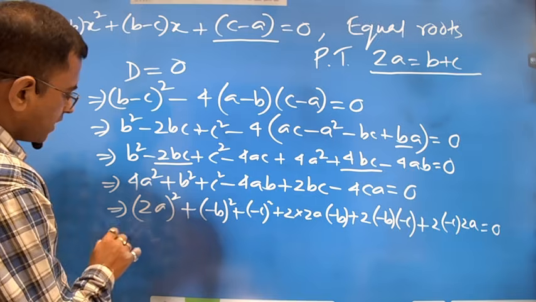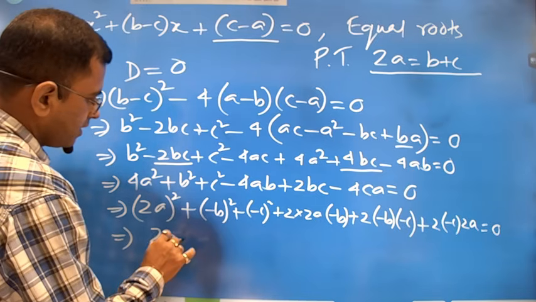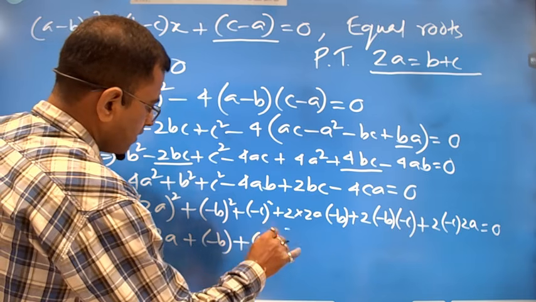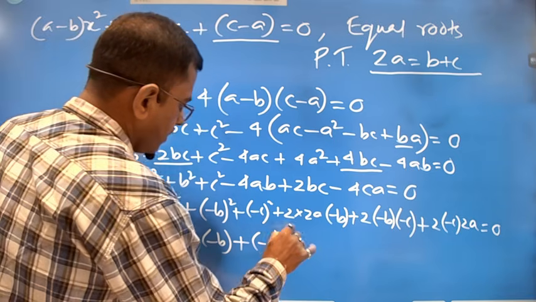So this gives us (twice a plus minus b plus minus c) whole square, equal to 0.